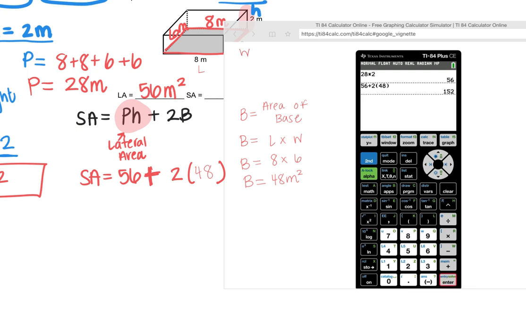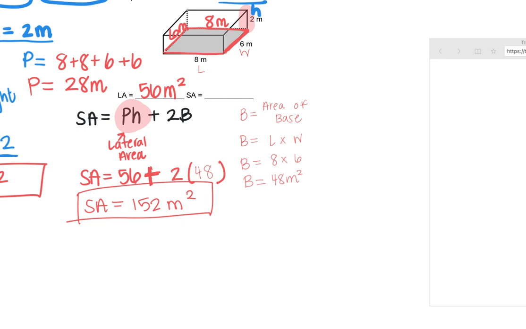Just write exactly how you have it in your paper. So surface area equals 152 meters, and this is squared. It's area. Okay, so now that I know surface area of your shape, I'm going to write it down in that blank as well. It's 152 meters squared.